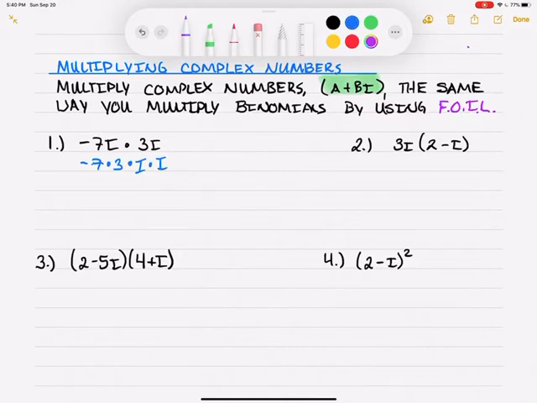Well, negative 7 times 3 is negative 21, and i times i is i squared. Remember that i squared is actually negative 1. So this is going to become negative 21 times negative 1, which will be positive 21.